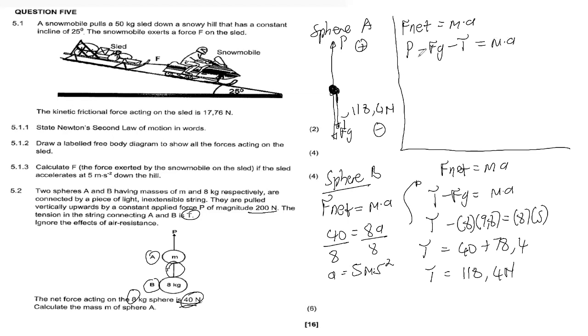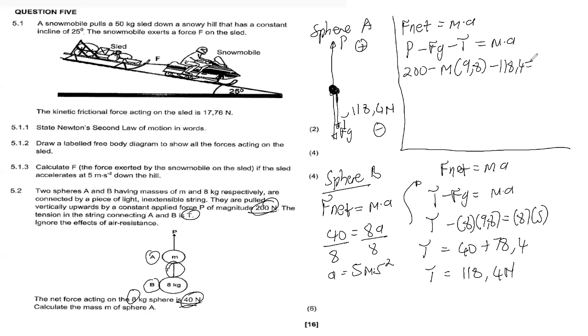times the acceleration. Now, P we are given: a constant applied force P of magnitude 200 newtons. So let's substitute 200 here. Then our Fg is mass times the gravitational acceleration, 9.8. Remember, we do not have the mass; that's what we are looking for. But we do have the tension, that's 118.4.